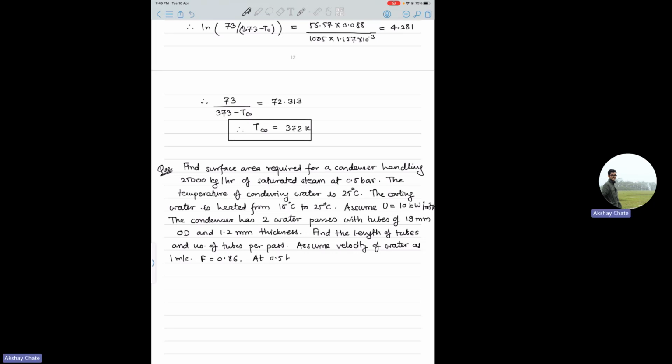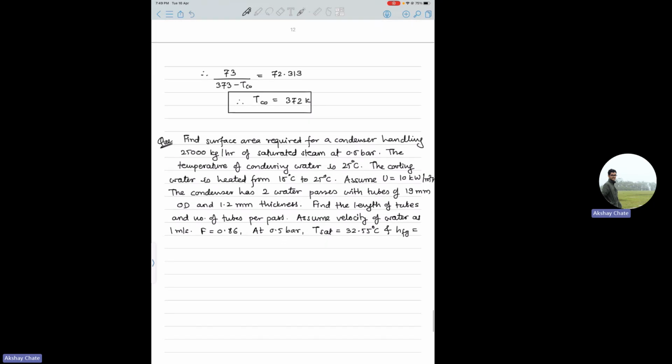At 0.5 bar, saturation temperature is 32.55 degrees Celsius, and HFG, which is the latent heat of condensation, is given as 2560 kilojoule per kg.